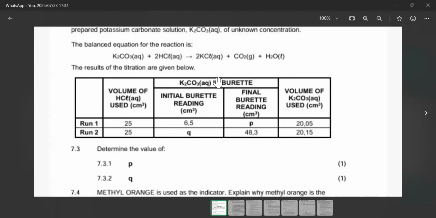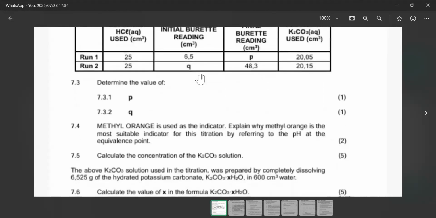But I just want to make it clear that these two volumes, those that you see under that, the initial and the final volumes, it's not what you'll be using in your calculations. In your normal calculations, you'll be focusing on the 20.05 as well as the 20.15. All right.